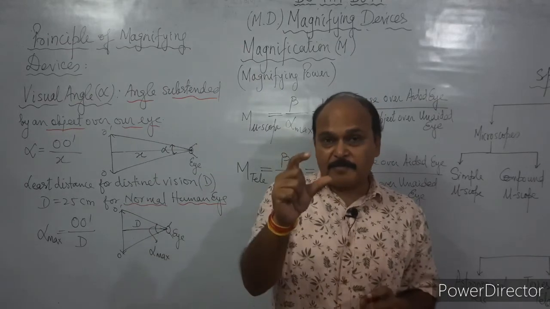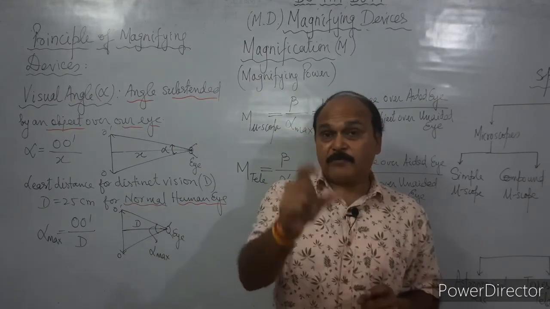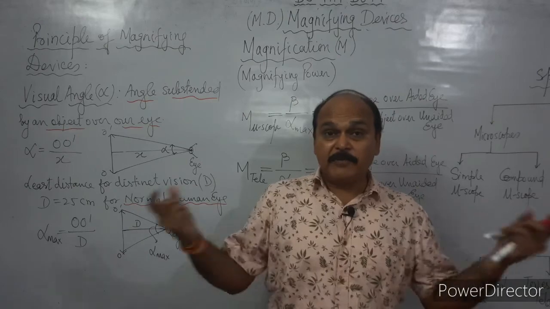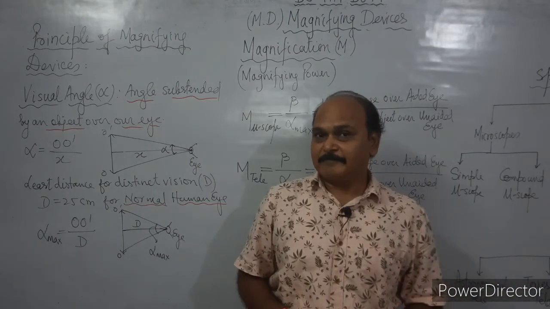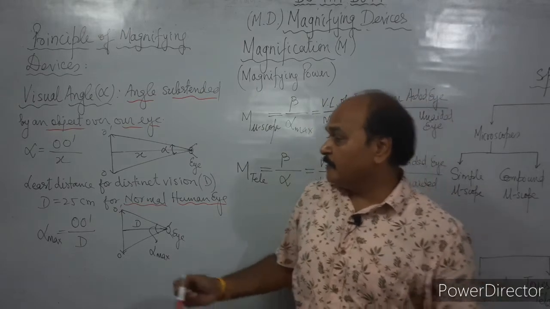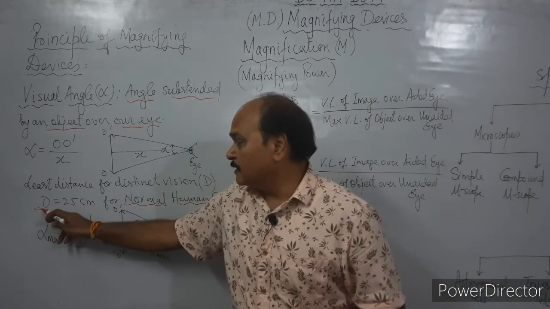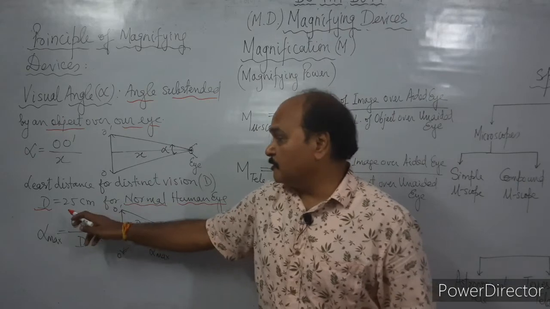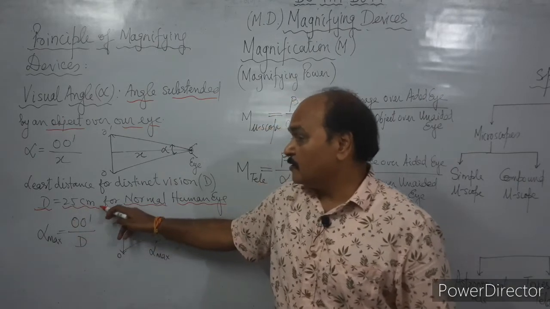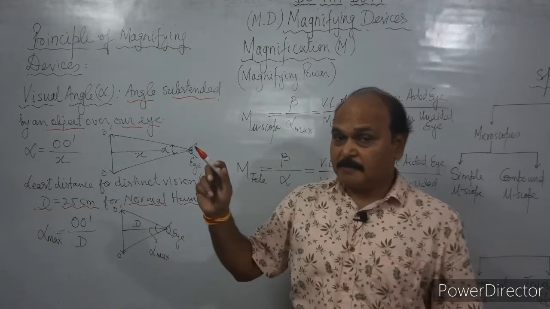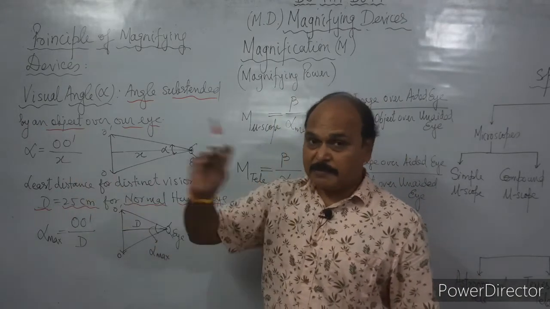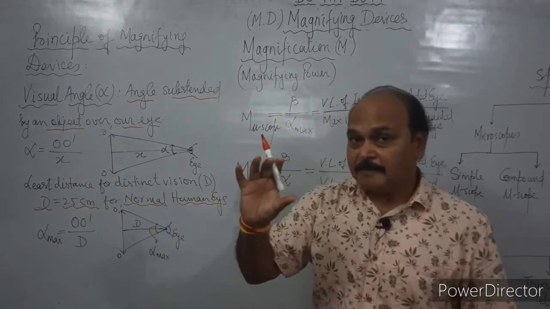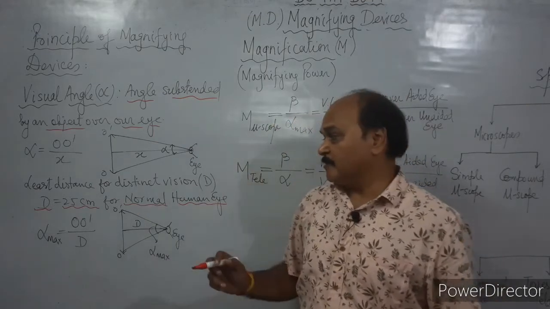So this 25 centimeter is least distance for distinct vision, and infinity is what? The maximum distance for distinct vision. So we write this 25 centimeter with this letter D. But remember, this D is 25 centimeter for normal human eyes. And we would always write this 25 centimeter as D. So wherever D is written, that D is nothing but 25 centimeter.